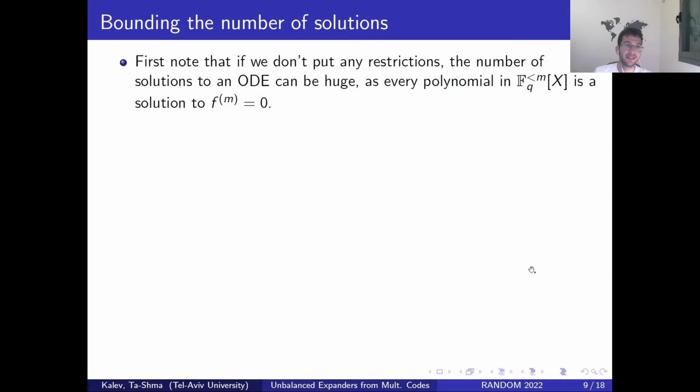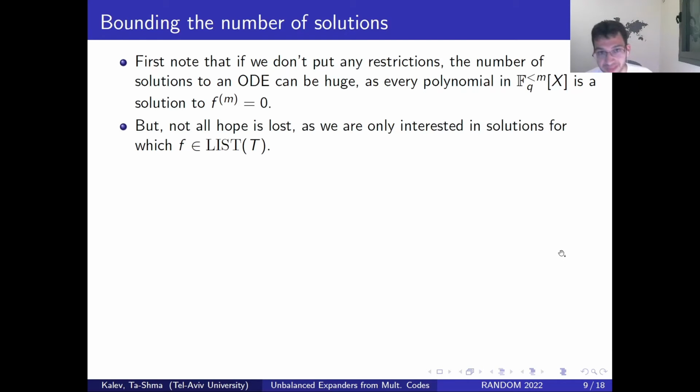But unfortunately, it's not that simple. Note that if we don't put any restriction on the solutions we are looking for, the number of solutions to an ODE may be huge. For example, every polynomial of degree less than m is a solution to the differential equation, the m-th derivative of f equals 0.